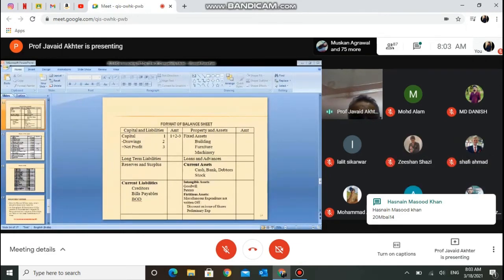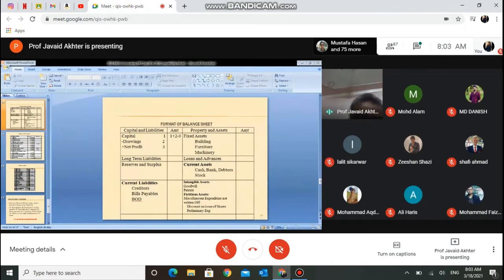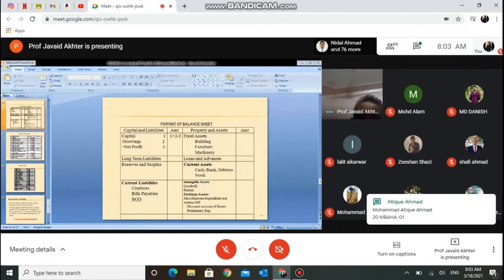Just as a quick recap, while preparing the profit and loss account, we transfer all expenses and income to this account. The expenses will be recorded on the debit side and revenues on the credit side.